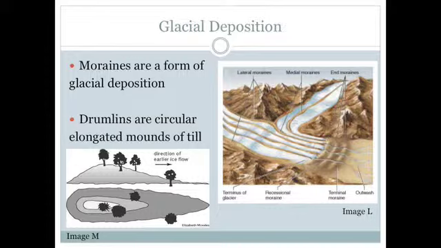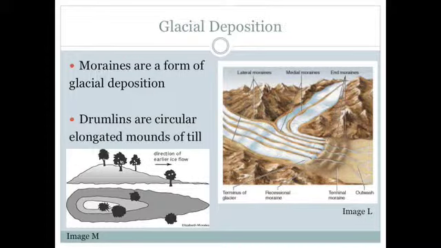For example, the terminal moraine is the outermost moraine, the farthest the glacier has gone and dropped its sediment. And recessional moraines are always parallel to the terminal moraine and show the recession, or decline, of the glacier. Now, another sign of glacial deposition is drumlins.